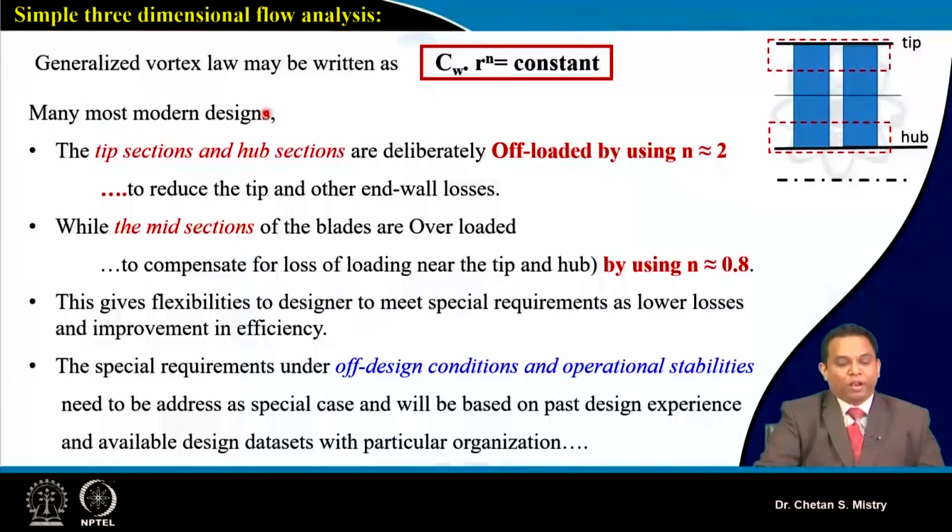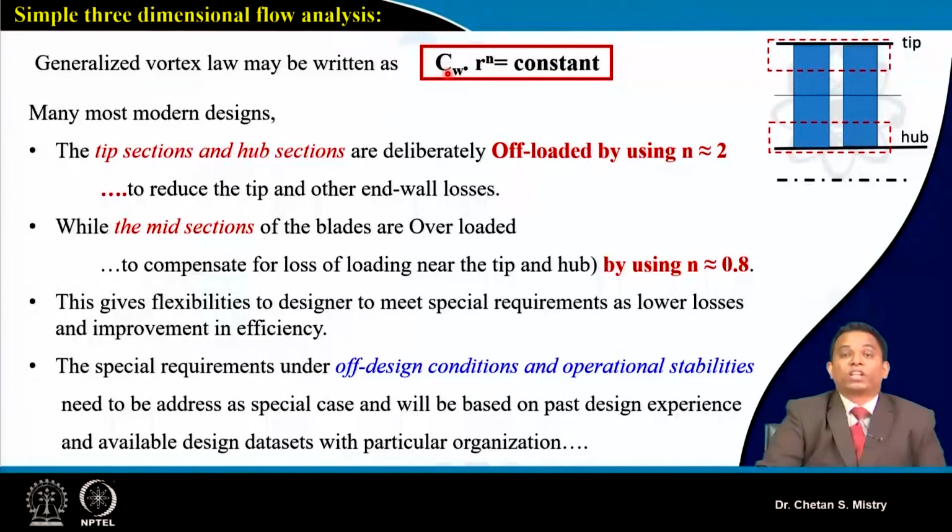Now suppose this is my variation of the whirl component. We must realize this represents how the whirl or tangential velocity component varies along the radius. Do not misinterpret it in any other way. Cw into r to the power n at a particular station is constant. Suppose this is my blade at the mid station.